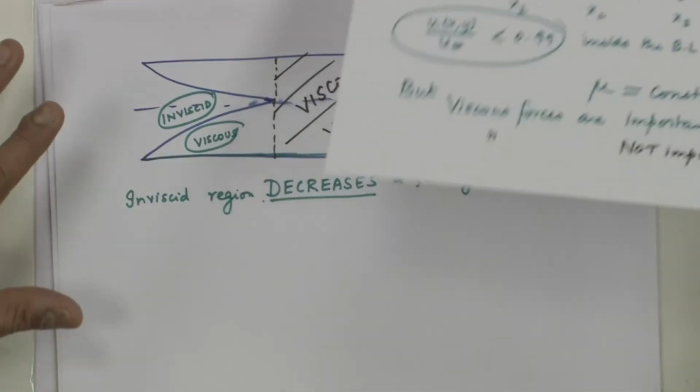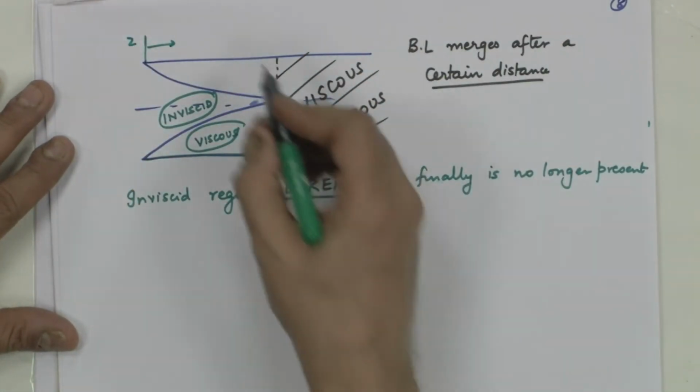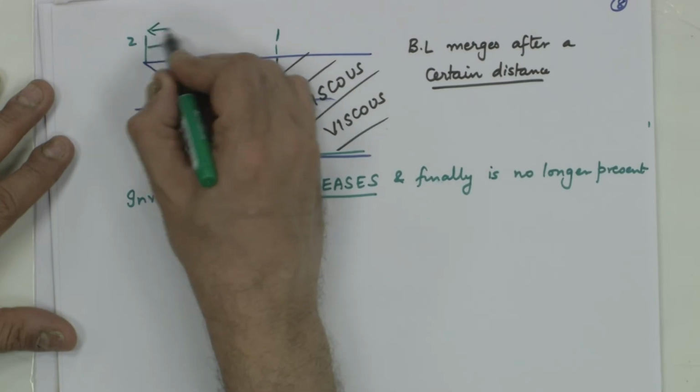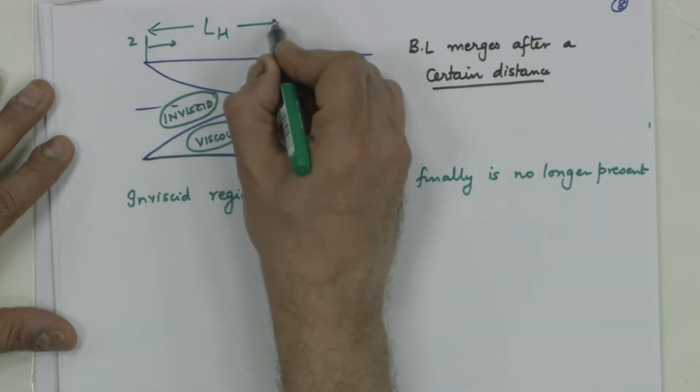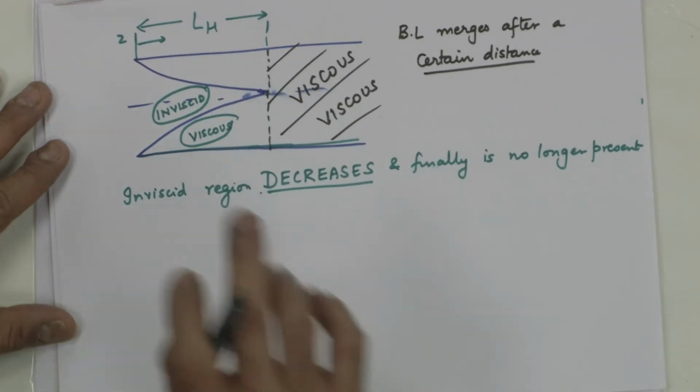Whereas, in case of internal flow, after a certain distance from here, say z equal to 0, x equal to 0, this point where the boundary layers merge, you have a completely different problem. The flow is completely viscous, there is no inviscid core here, and that is what makes internal flow very different from external flow. The fact that the boundary layer reaches the maximum height.